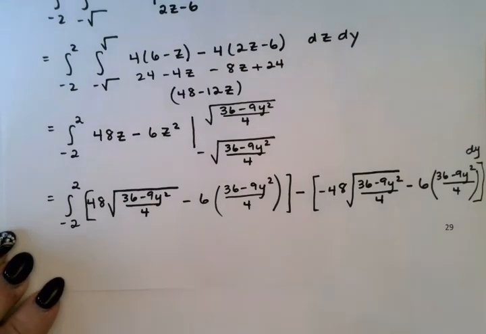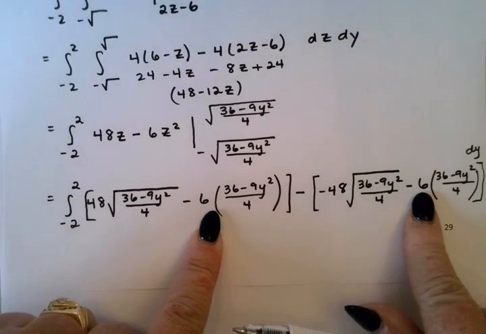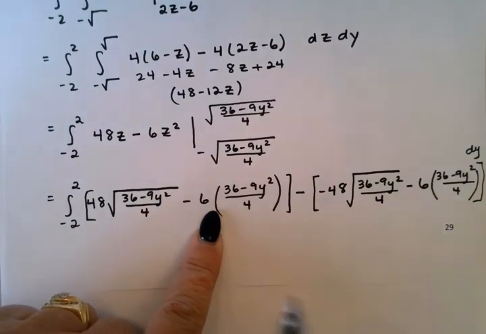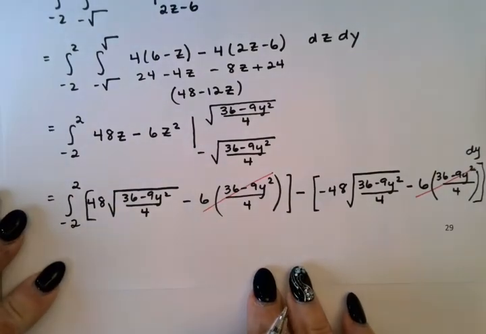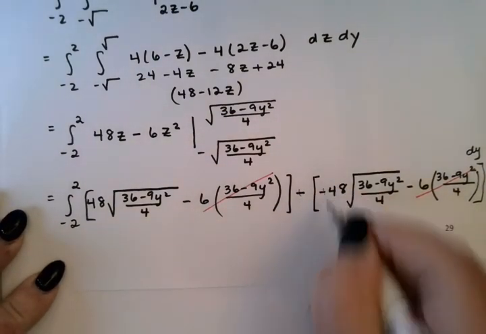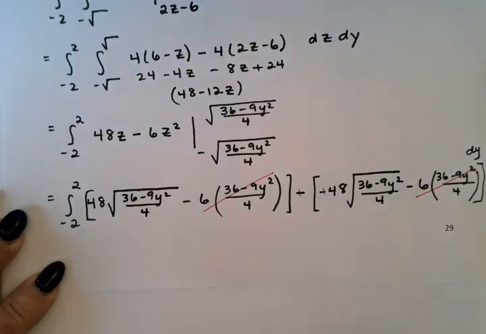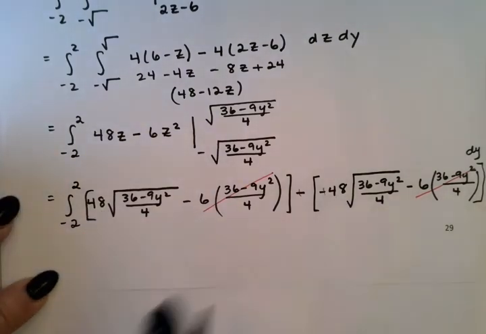All right, let's see what we've got here. These two terms are identical, and I'm subtracting. So those will just go to 0. And then minus a negative makes this plus. So I actually end up with 96 times that radical.